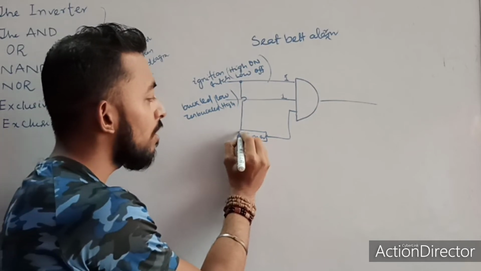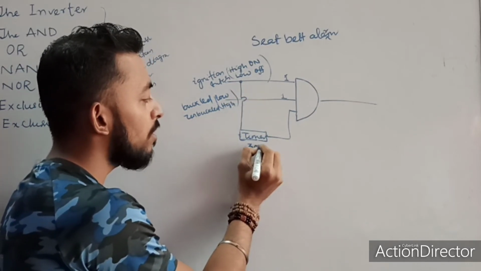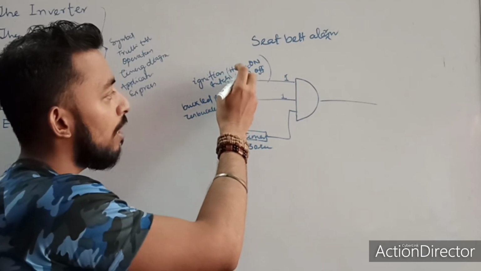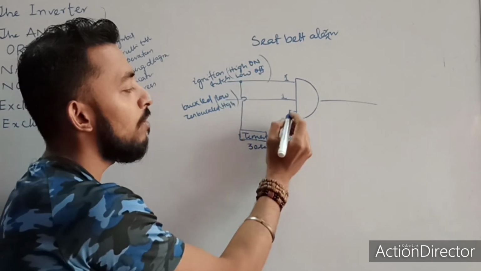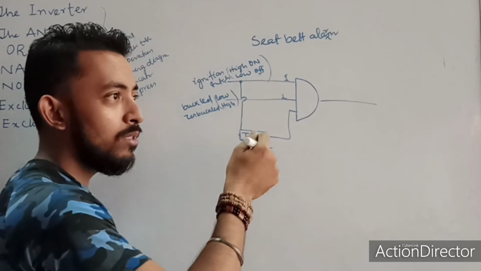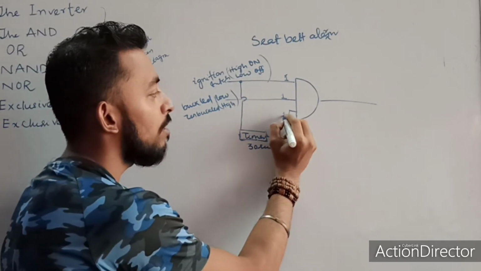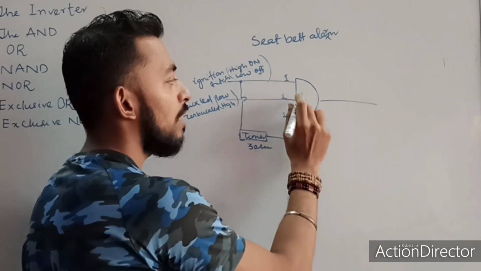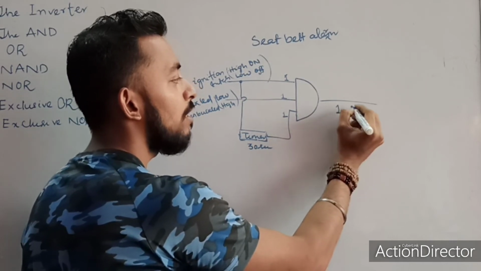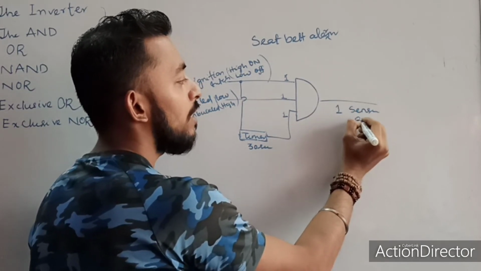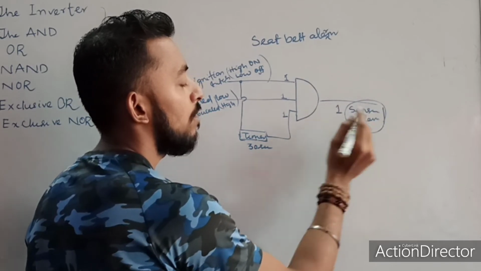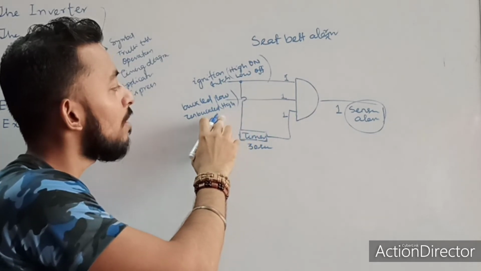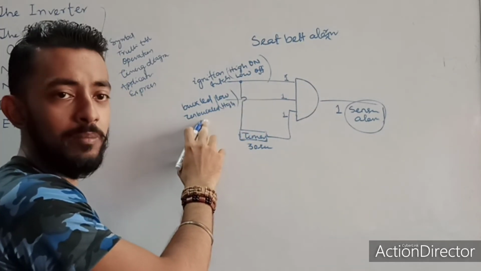Then suppose after the ignition, after the timer is added, for 30 seconds, after ignition, this value will give me a value high. You turn on the key, and then after 30 seconds this value will give me 1. When the 3 inputs are 1, that is applied to this AND gate, then it will give me a value 1. This 1 means here is a sensor, or an alarm that will sound. It means the driver has started the car, but he forgot to buckle his belt.